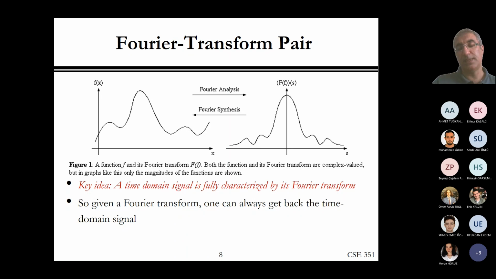So it's not lost, basically. So once you transfer into the frequency domain, don't think that you cannot get back this information to the time domain. So with the inverse Fourier transform, yes, you can convert back to the time domain.